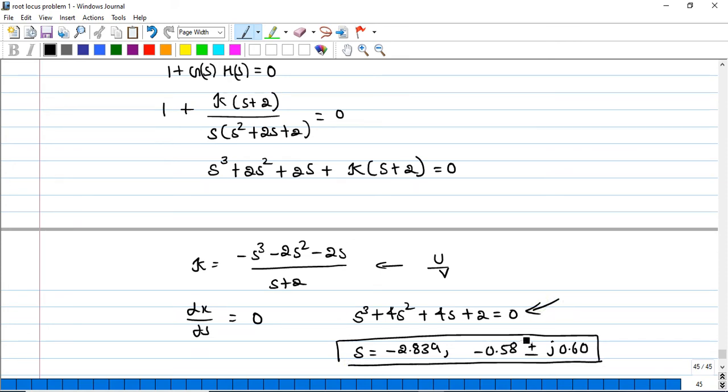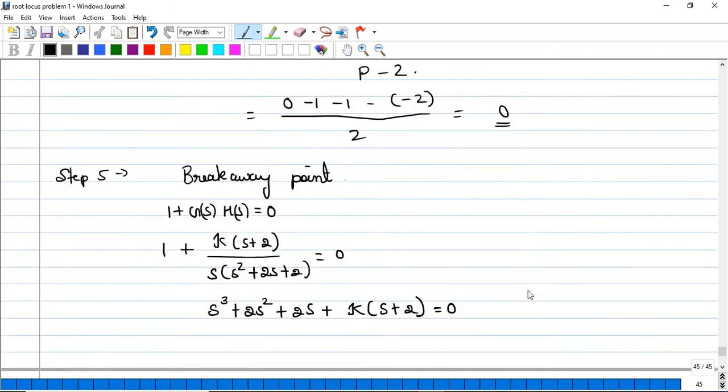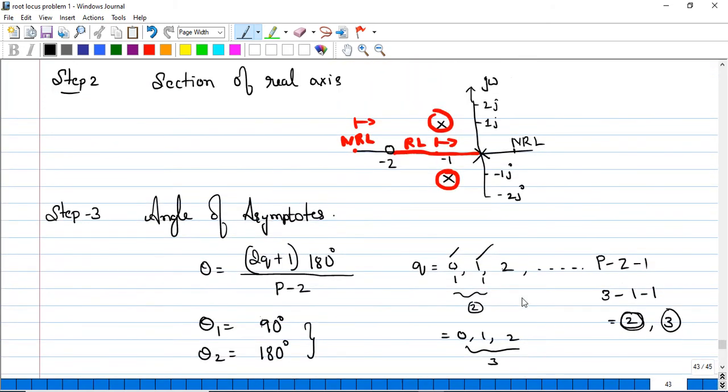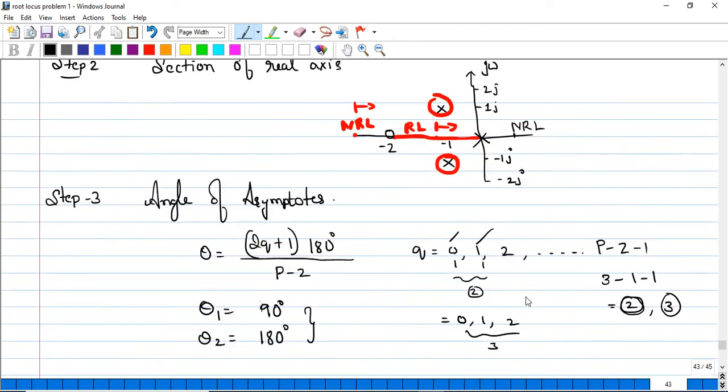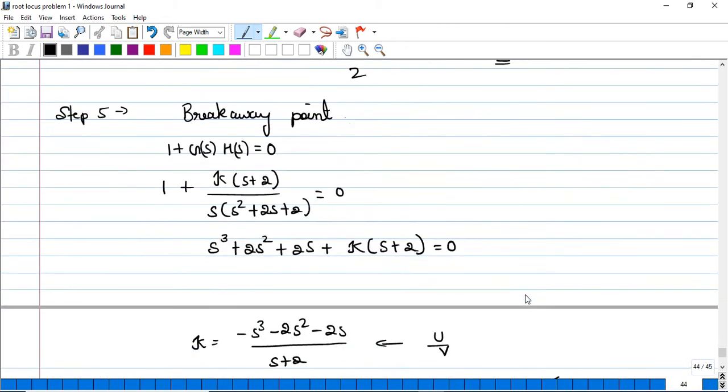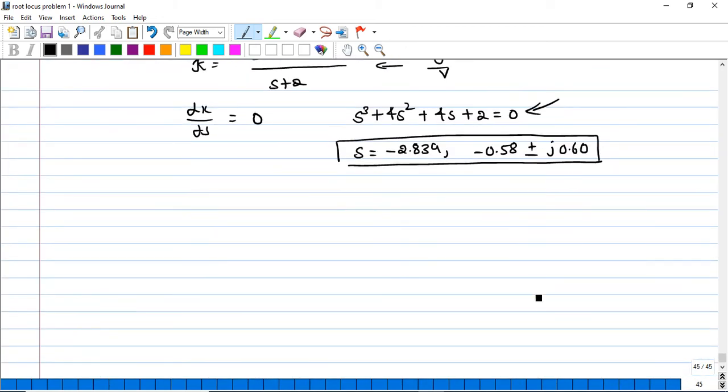Now our role is to identify which one is a breakaway point. Total three conditions are here. By visualizing the graph itself you can tell that there is a breakaway point.